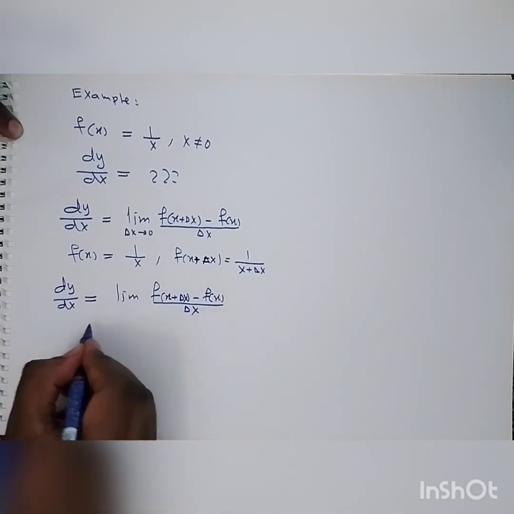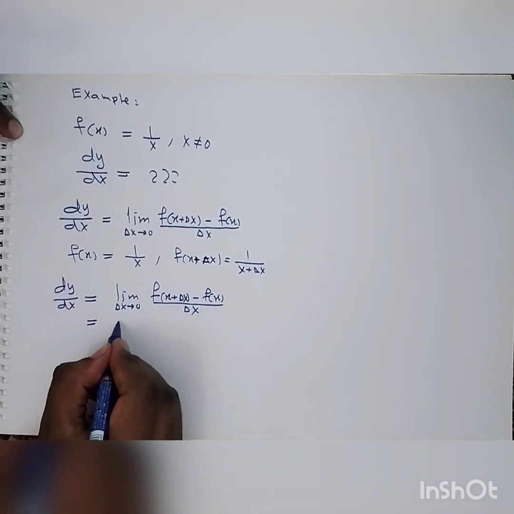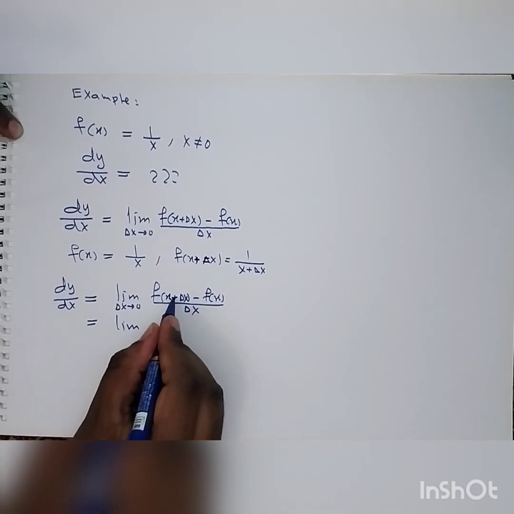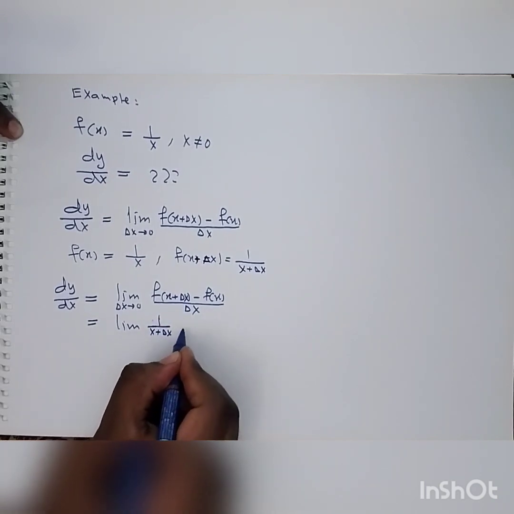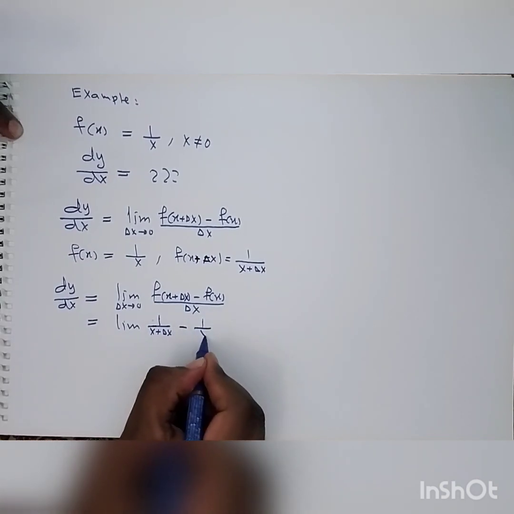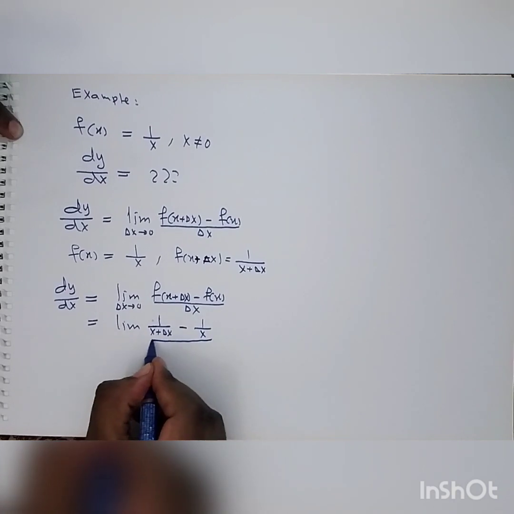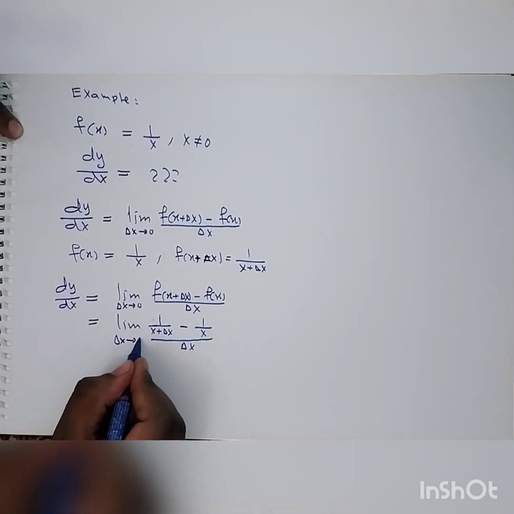This step is not needed actually, as delta x approaches 0. So now we can directly write what is f of x. f of x is 1 divided by x, f of x plus delta x is 1 divided by x plus delta x, minus f of x, which is 1 over x. Then everything here is divided by delta x as delta x approaches 0.